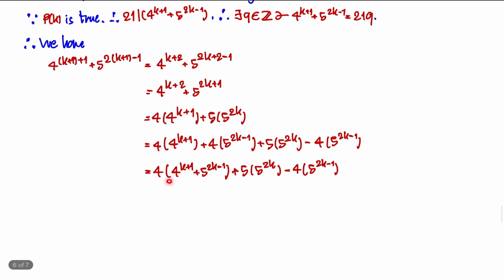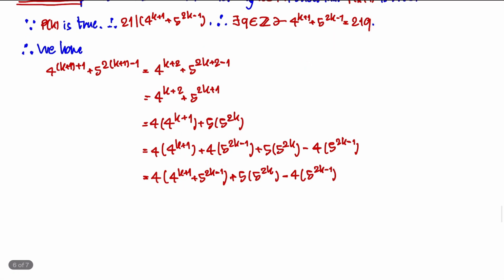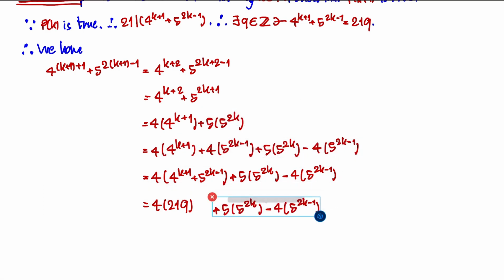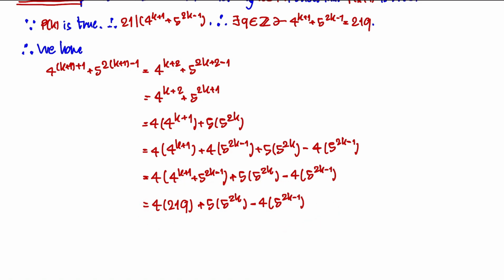Okay, what about this term? This one right here is 21q. So we have this term having 21 as a factor. So right now we have these three terms. Now what can we do next? We want this to be divisible by 21.